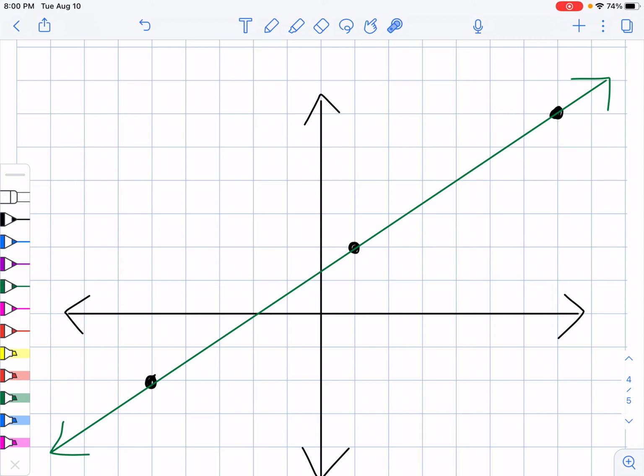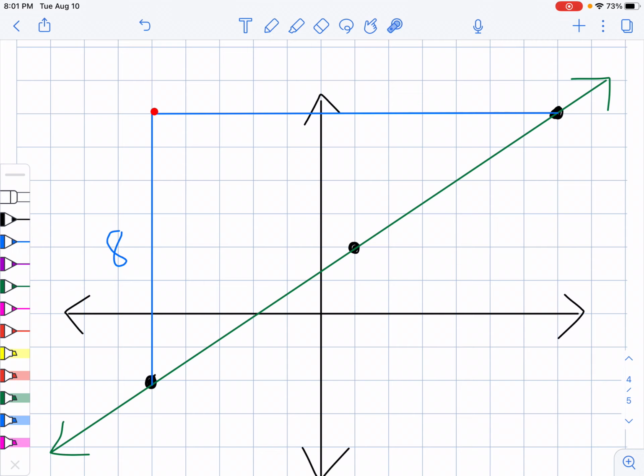So we'll do this once in blue, and I'm going to pick the leftmost point and the rightmost point. So I'm going to go all the way up this tall and all the way over. And I'm going to count. I went 1, 2, 3, 4, 5, 6, 7, 8.